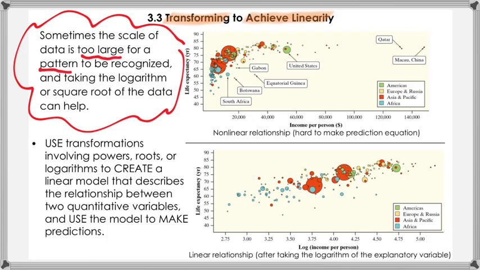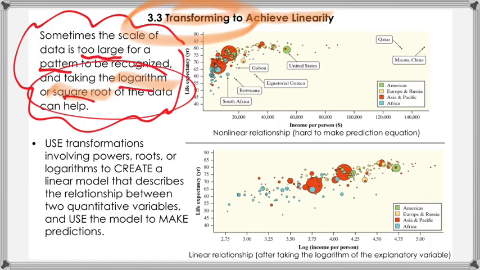And when you're in that situation, occasionally you're going to do a little bit of transforming by perhaps taking the logarithm or the square root of your data set, and you might wind up getting something that looks a little more linear, like in the second image below. Now, something to keep in mind, if those words logarithm and square root throw you off, you are not physically going to be applying the logarithmic function or the square root function to the data set.